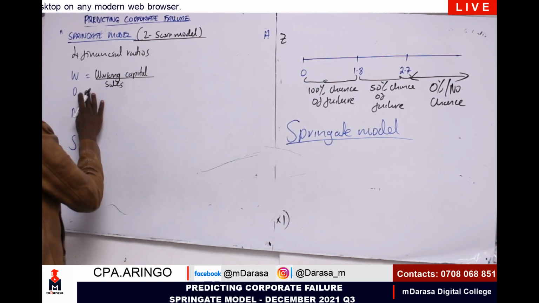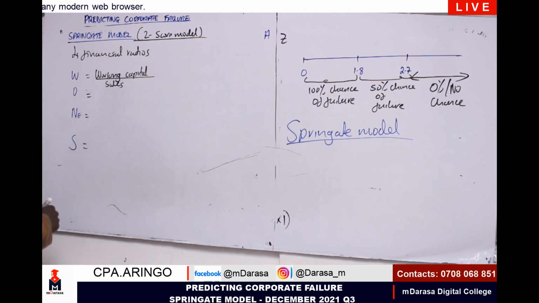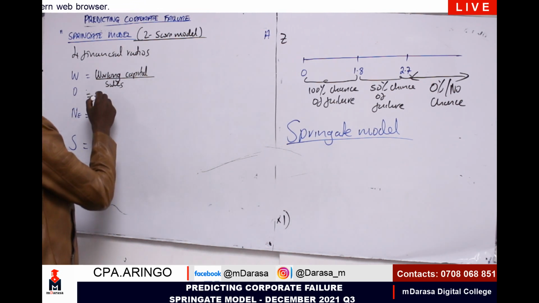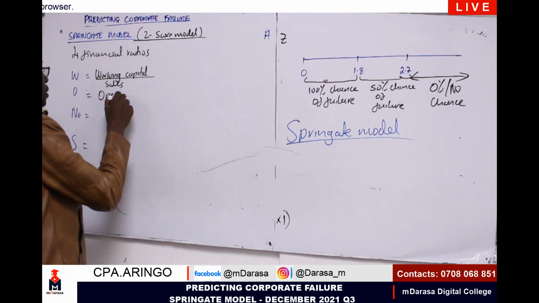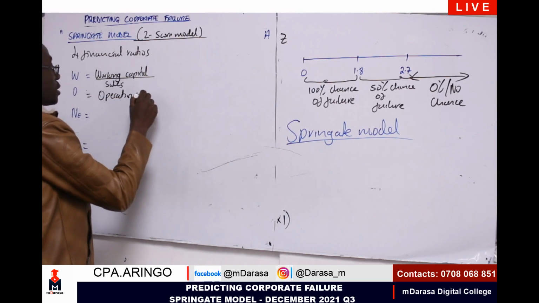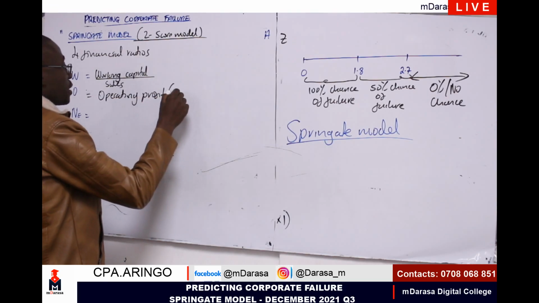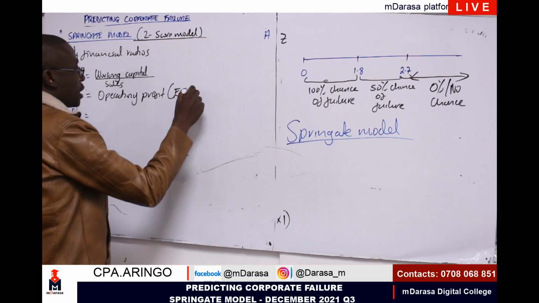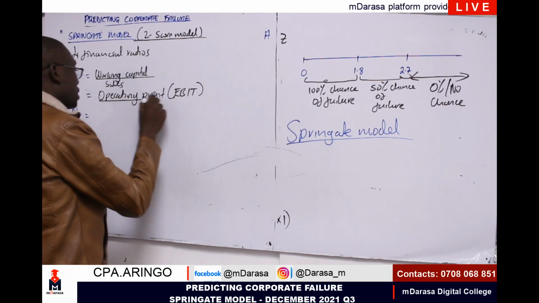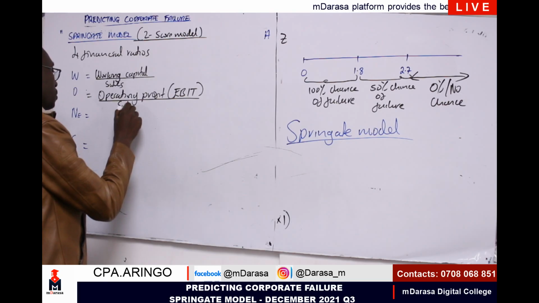These are the ratios. O stands for operating profit, and whenever we talk of operating profit, ideally we mean earnings before interest and tax, over sales.